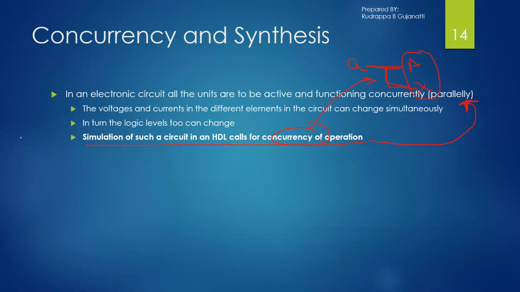In the previous slide, we had discussed that concurrency is one of the features which makes it different from other programming languages like C. So concurrency is one of the major features, that is, parallelism you can specify.